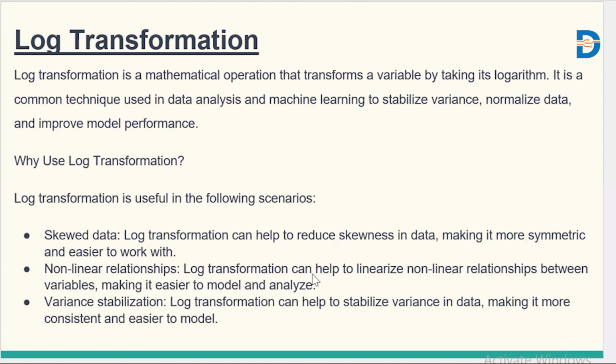And log transformation can help to linearize non-linear relationships between variables, making it easier to model and analyze. Whenever you have a non-linear relationship in the data, that makes it harder for the analysis. So it is preferred that whenever you get non-linear data, convert it into linear by applying log transformation on it, thereby easing out the analysis. And again, as all the transformations go, it is used for stabilizing the variance.